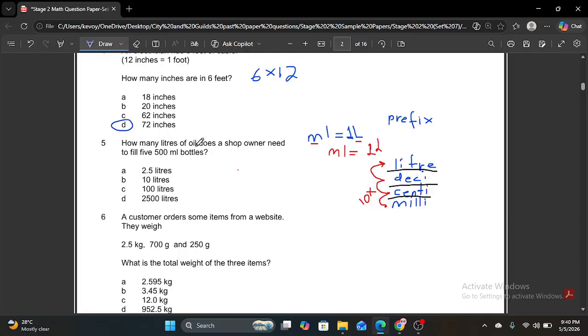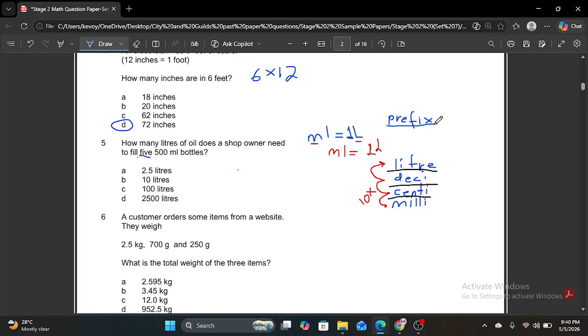How many liters of oil does a shop owner need to fill 500 milliliter bottles? The first thing you need to do is to write out the prefix table.